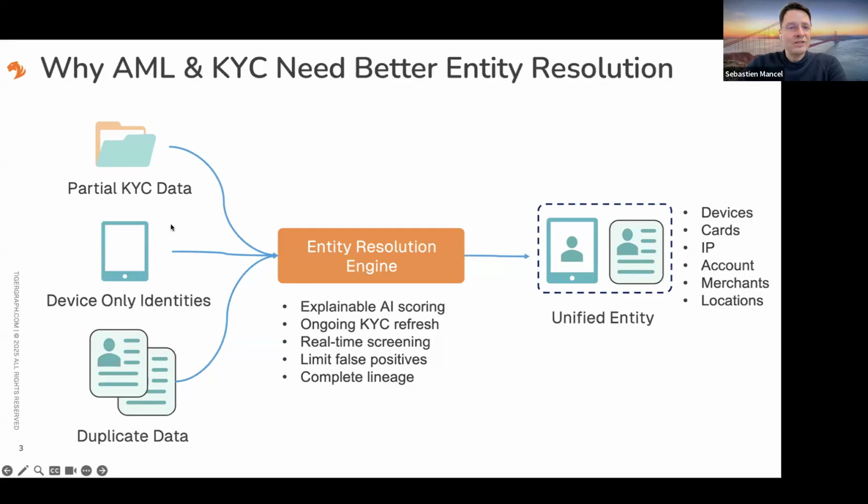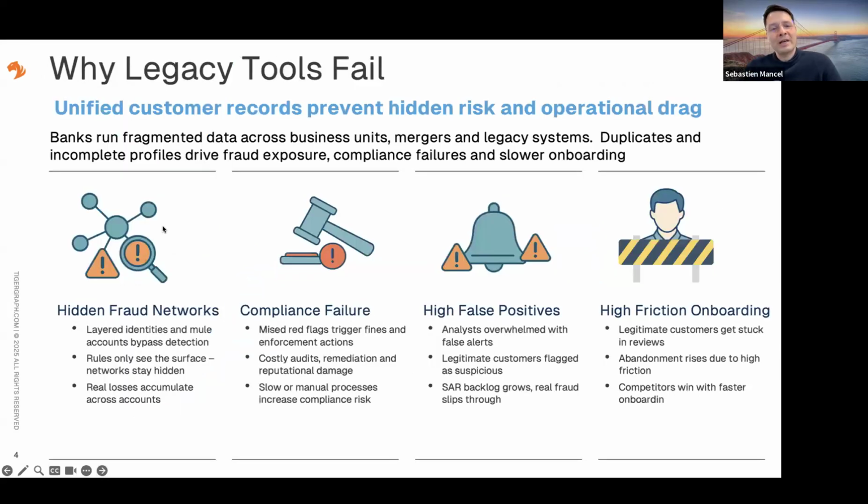But the real challenge isn't just fragmented data, it's the legacy tools behind it. And those tools weren't built for real-time connected insights. So most banks still operate with data scattered across business units, multiple systems, and outdated platforms that don't connect. Now, that fragmentation creates blind spots, and with them come hidden risks, higher costs, and slower customer journeys.